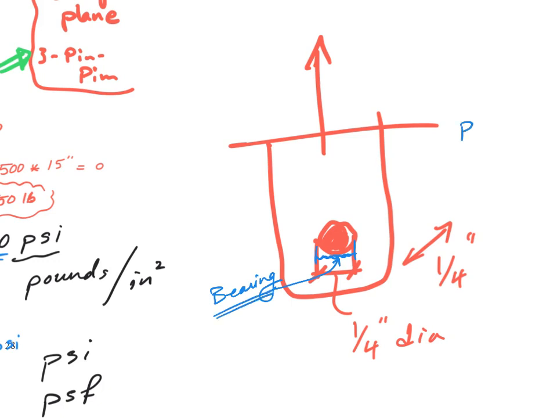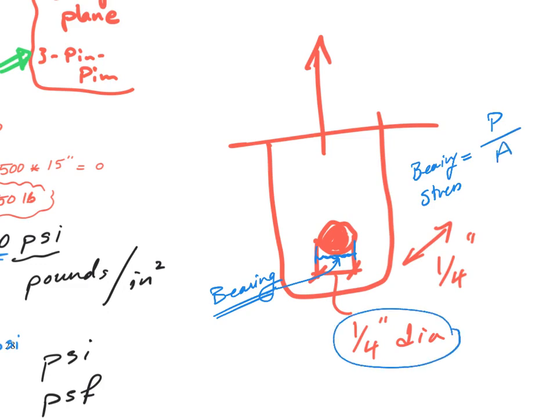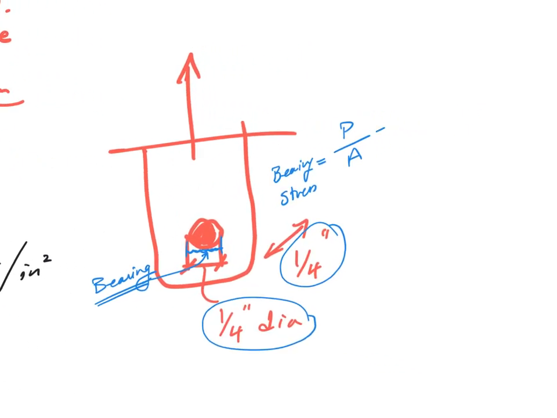Bearing stress equals the force divided by the area. We said the area, bolt multiplied by the thickness, right? So in this case, I say it's equal to the 375 pounds, because it's on one side. At B, it's double shear, divided by 1/4 by 1/4. Okay? And then you get the stress in PSI.